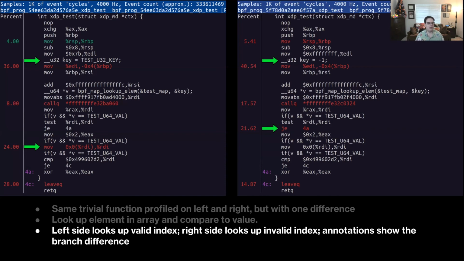On the left-hand side, because it is a valid pointer, we see that the hot point in the sampling occurs with actually doing the pointer dereference, while on the side with the invalid lookup, we see that the null test is causing it to jump early down to the function exit.